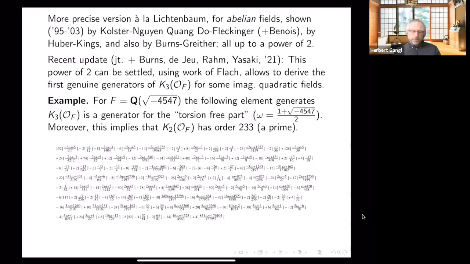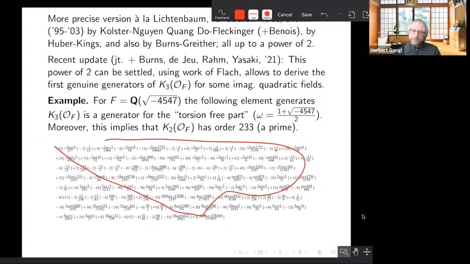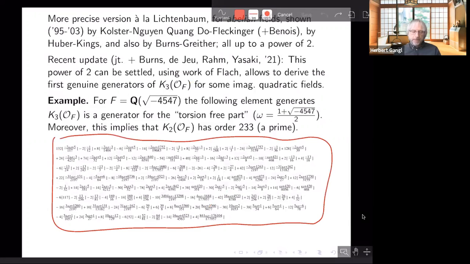And then for the following field, Q of the square root of minus 4,547, just to give an idea, we have this element here, where we put omega equals 1 plus root minus d over 2. This linear combination gives an element in K3 of O_F, and it is a generator of the torsion-free part.